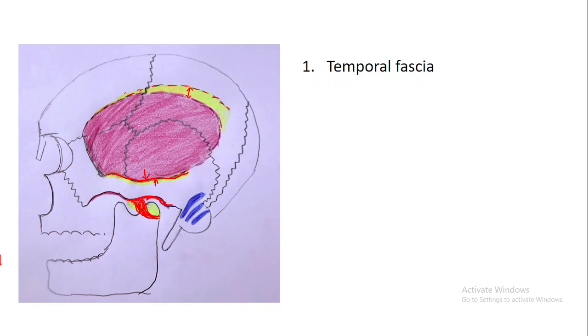Then two muscles which get originated from norma lateralis: first is the temporalis muscle. So this is the temporalis muscle, and the second muscle which gets originated in norma lateralis is the masseter muscle. So these two muscles get originated from this surface of the skull, and three muscles get inserted into the norma lateralis.